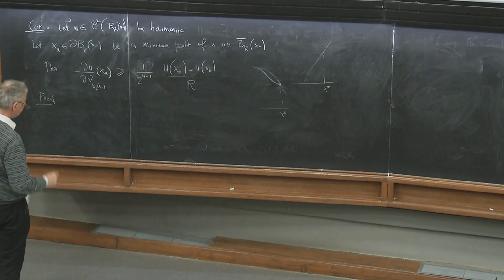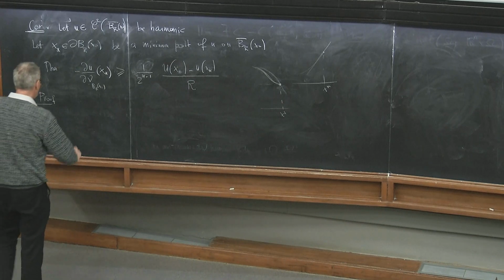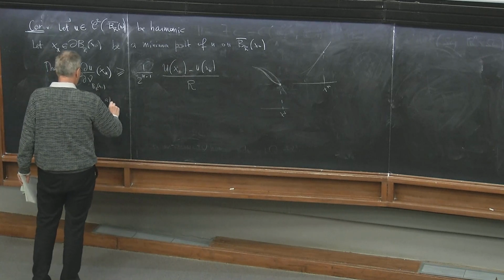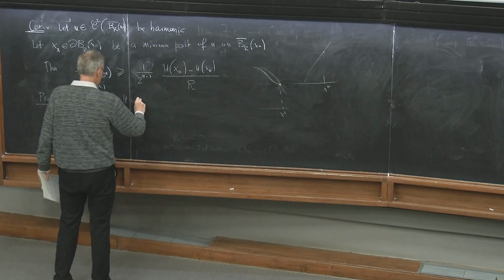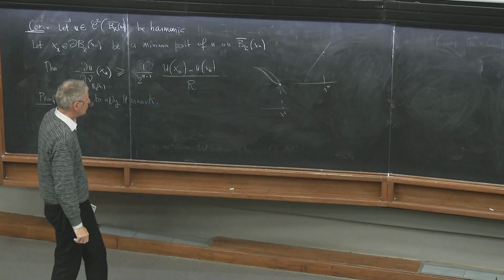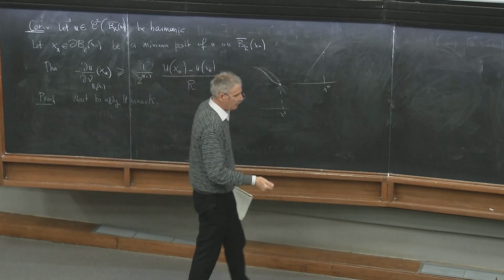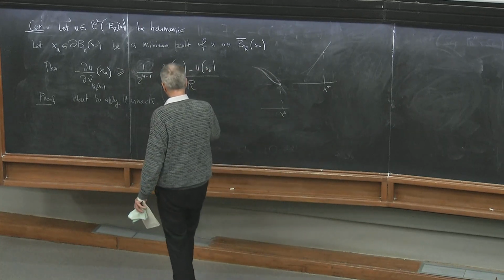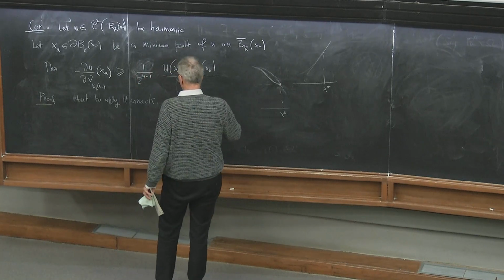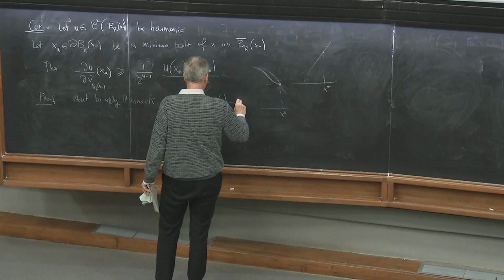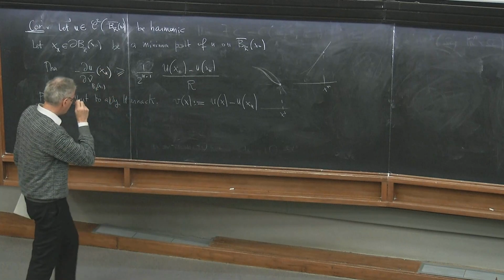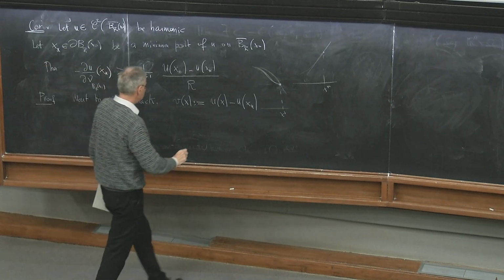Now, we want to apply Harnack. But to apply Harnack, we have to take a non-negative harmonic function. So let me call it V. V of x is, by definition, U of x minus U of x star, for any x in the closure of the ball.